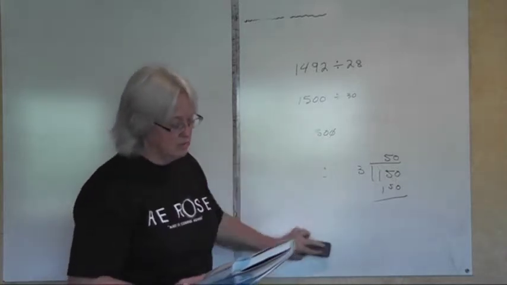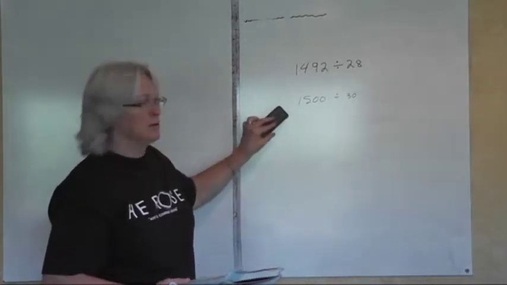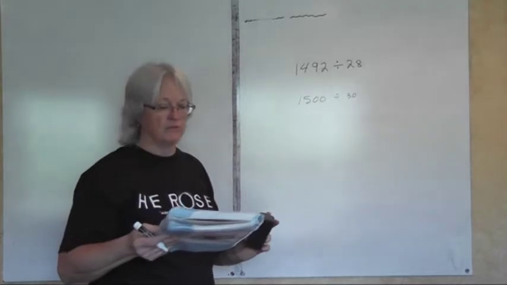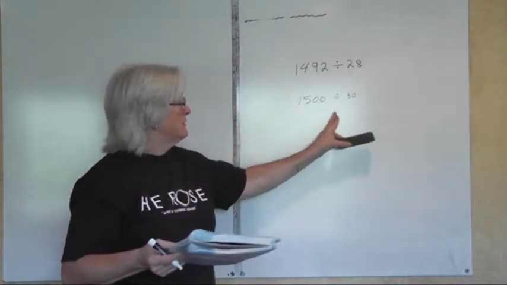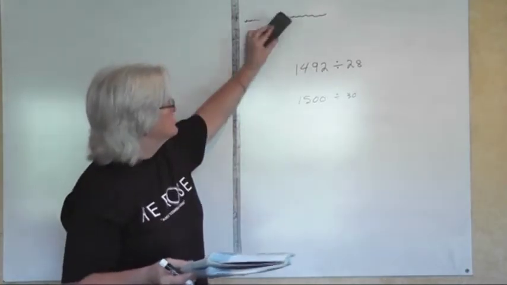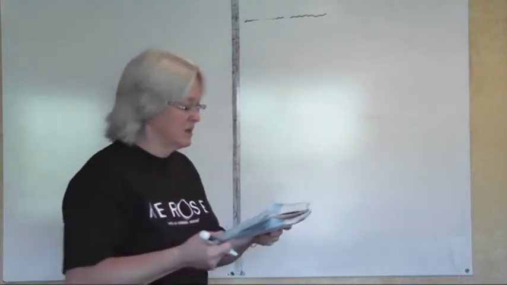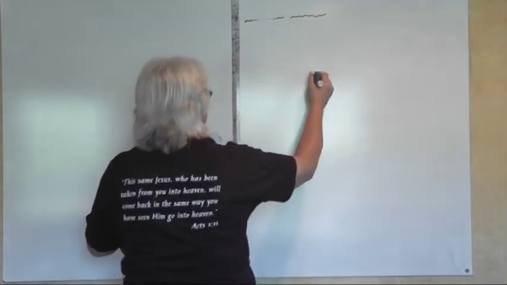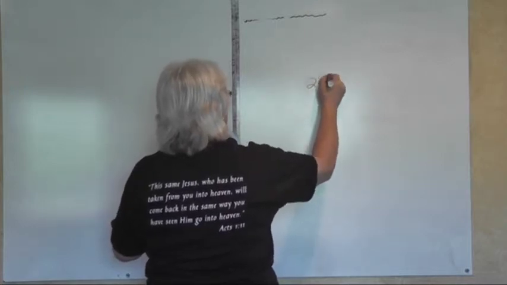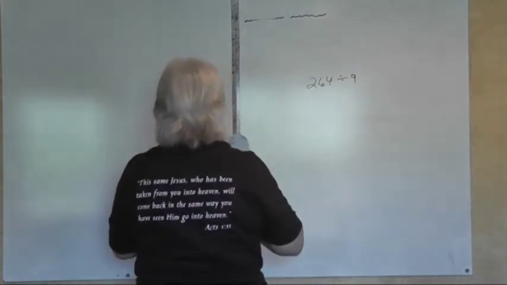What you want to do when you are rounding to find a quotient, sometimes you have to play around with the numbers a little bit to find the divisor, so that there isn't a remainder in the quotient. Let me show you what they're talking about here. 264 divided by 9.